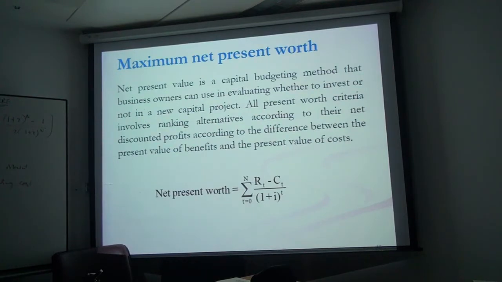Here we were only talking about cost, but when we were talking about revenues as well, in the example of variation of discount rate, we had net present value there. Net present value is equal to discounted benefits minus discounted costs. Sometimes this formula is written in this way also.